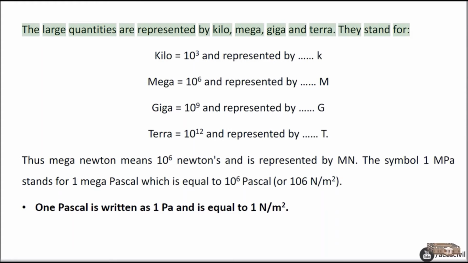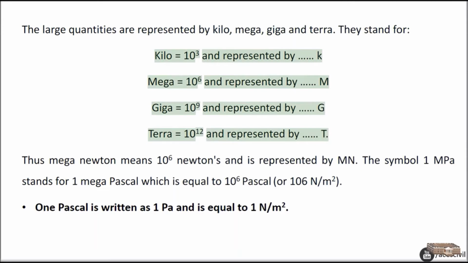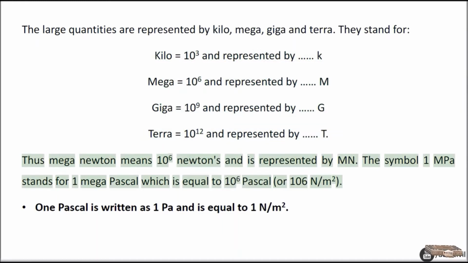The large quantities are represented by kilo, mega, giga and tera. They stand for: kilo equals 10³ and is represented by k, mega equals 10⁶ and is represented by M, giga equals 10⁹ and is represented by G, tera equals 10¹² and is represented by T. Thus meganewton means 10⁶ newtons and is represented by MN.